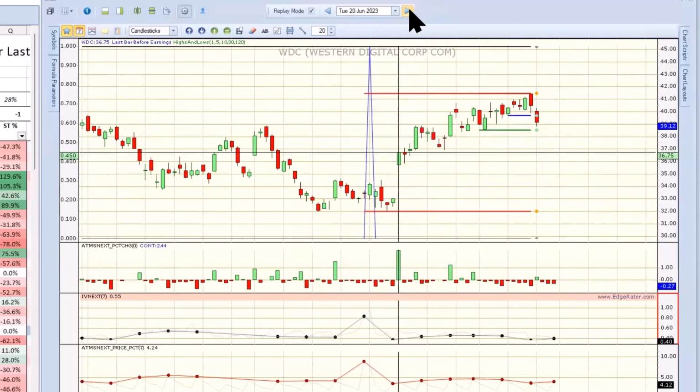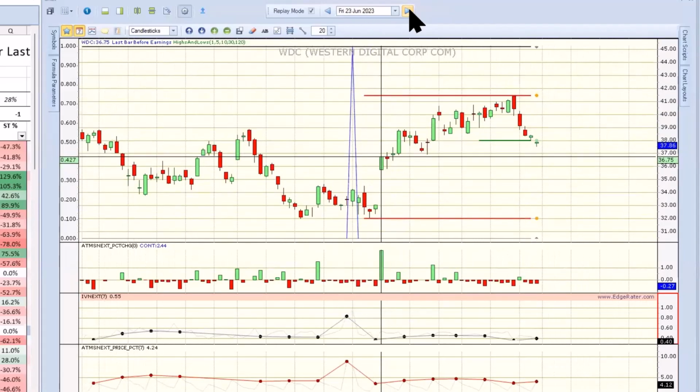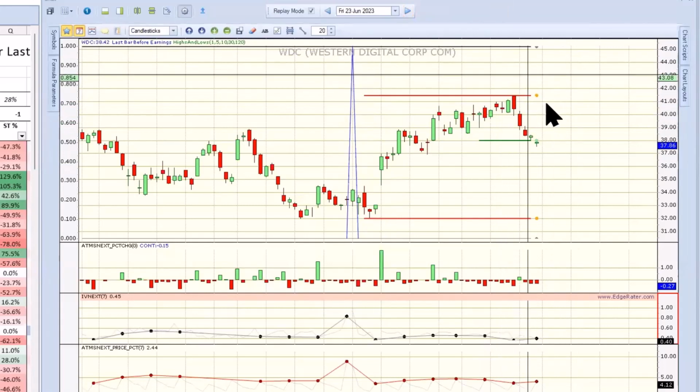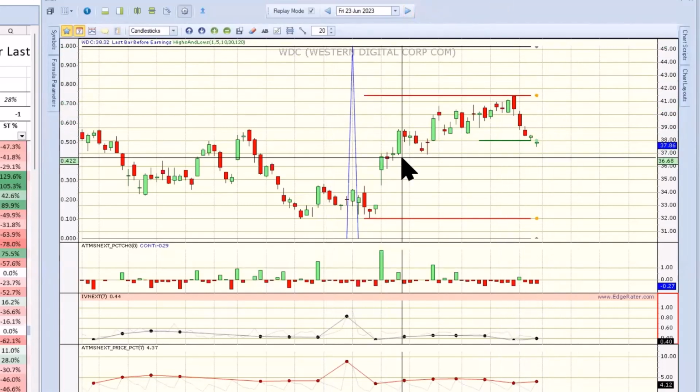Not very convincing. And then we have a sell-off here and even more. So this brings us up to present day. That's Friday. So yeah, potentially there was a trade that could have been made there up to the 30-day high.